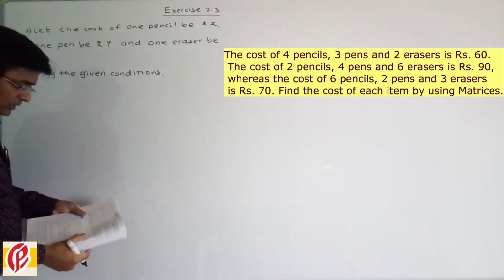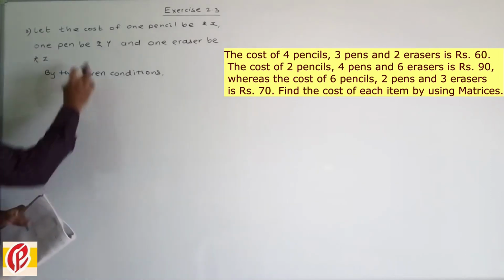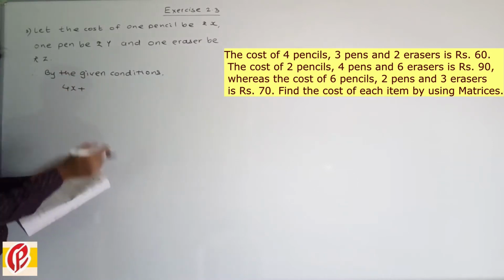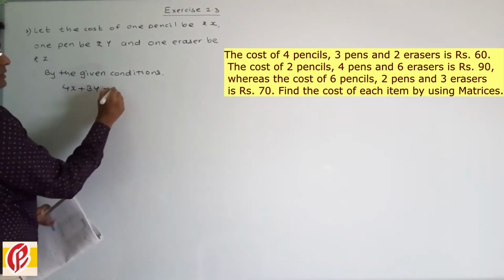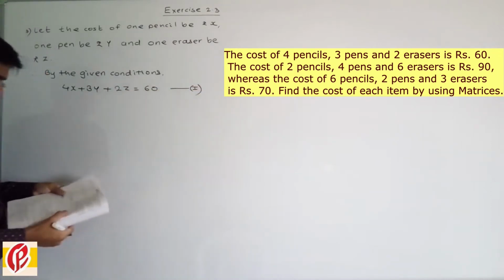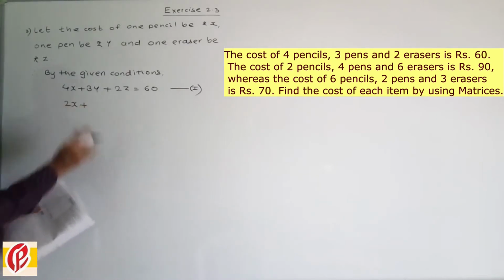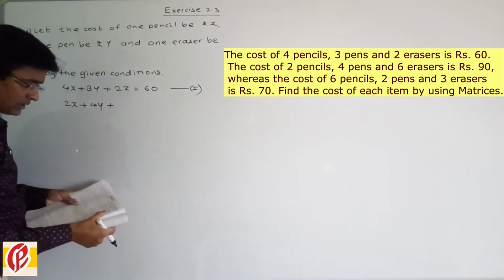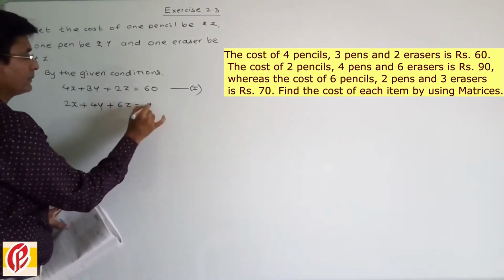So in the first condition, 4 pencils, 3 pens and 2 erasers is rupees 60. So 4 pencils means 4x plus 3 pens 3y plus 2z is equal to 60. This way we get equation number 1. Then the cost of 2 pencils, 2x, plus 4 pens, 4y, plus 6 erasers, 6z, is equal to 90.